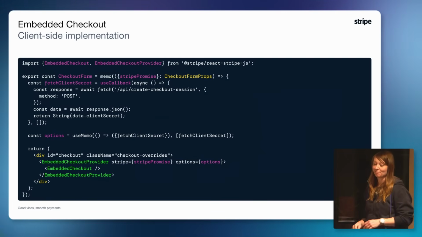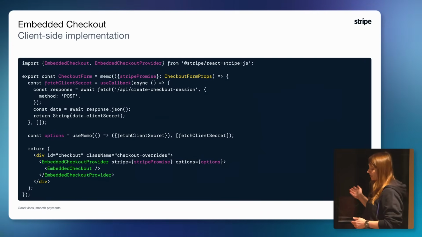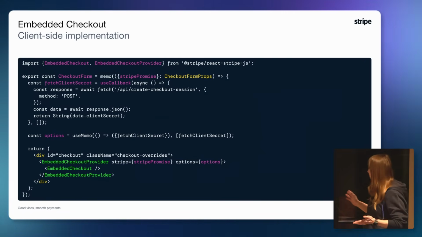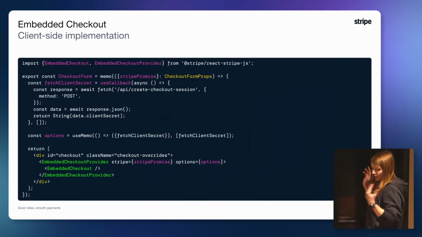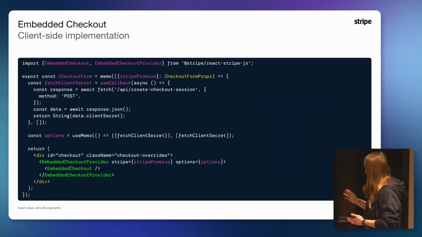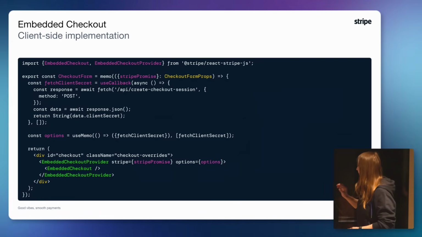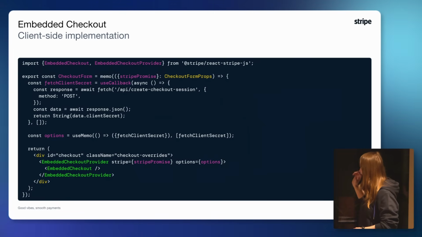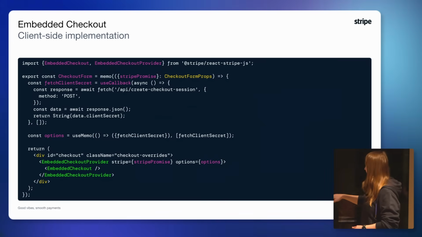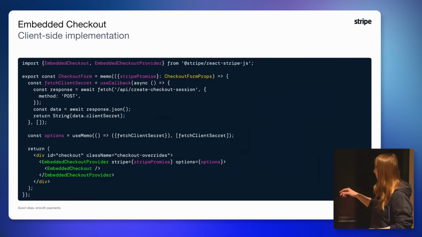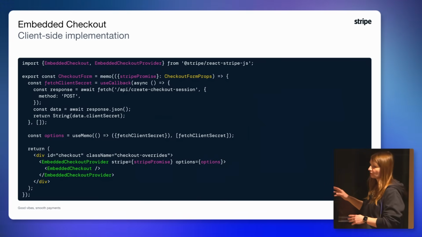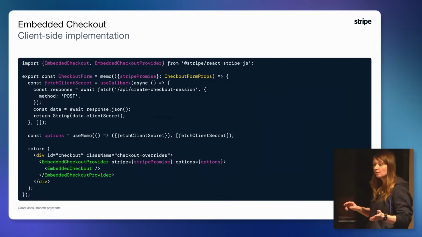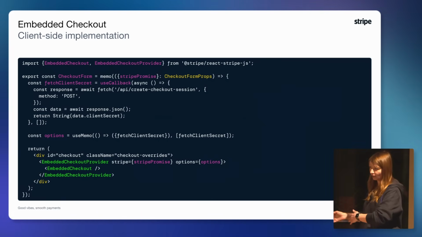And then we have the embedded checkout. This is the client-side code, which uses the Stripe-provided embedded provider and the embedded checkout form. And here we are calling our API, our backend endpoint. We're getting a Stripe promise. We're passing that to the provider, which wraps the checkout element. And the thing to note is that the embedded checkout component does not take class name as a prop, so you can't pass it CSS directly.